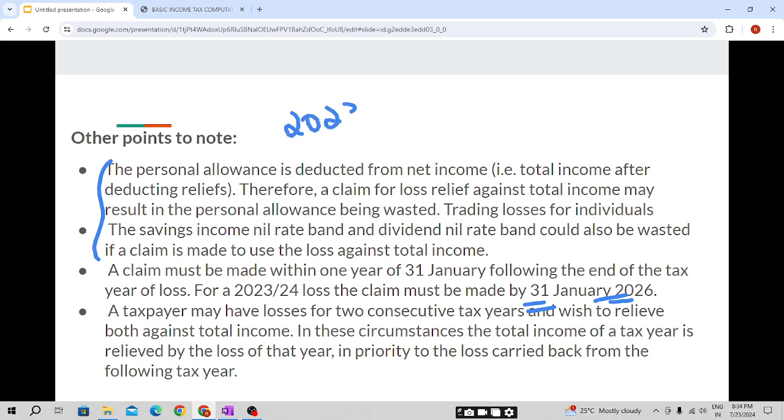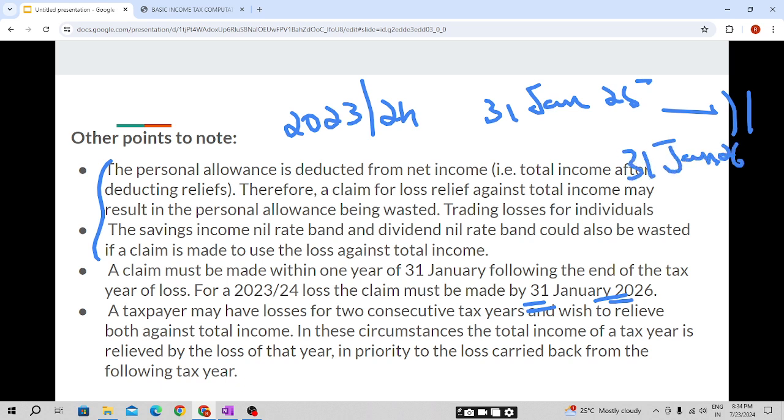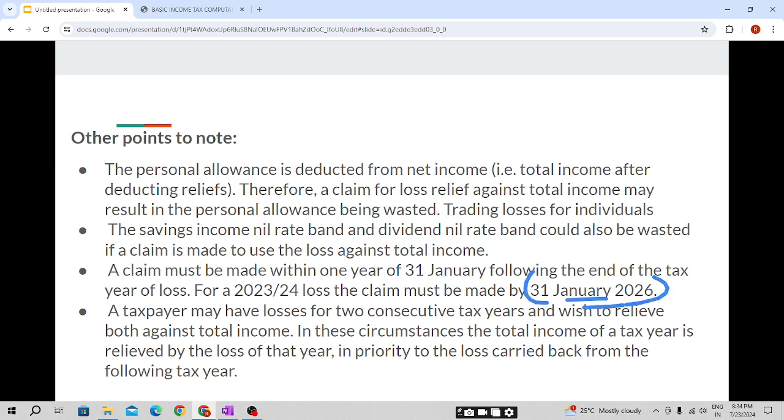So for the 23-24 tax year, the 31st Jan 2025 will come, but a claim must be made within 1 year of that, so it will be 31st Jan 2026. Do not confuse this line, students. Please do keep in mind 31st Jan 2026. The claim must be made by 31st Jan 2026. I hope this is clear.